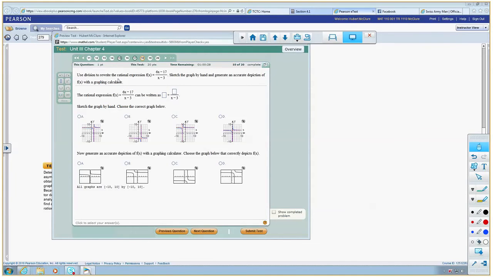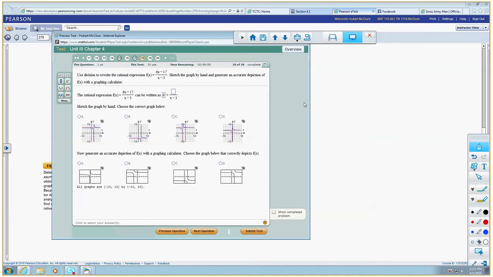Use division to rewrite the expression. How many times will x go into 6x? 6 times. So your answer is going to have something with 6 in it. That 6 goes right here. And then you do the rest. What is 6 times x? And then 6 times negative 3 is what?